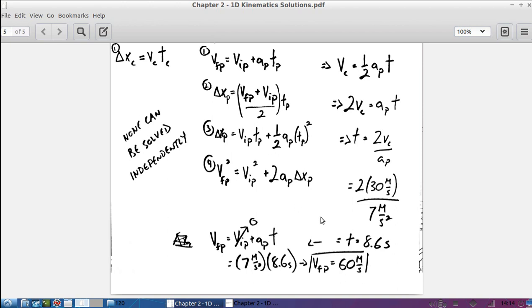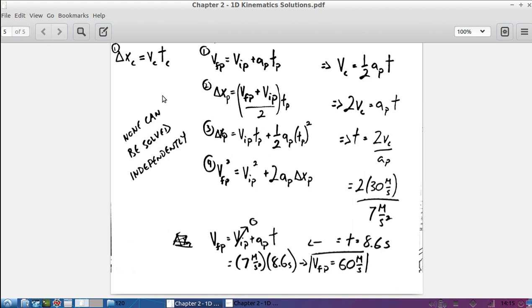So take this information. You know what else I could do? I have this time, 8.6 seconds. Both the speeder and the police car are moving for 8.6 seconds. Take this time, I can find how far they both traveled. I can find the displacement of both the speeder and the cop car.